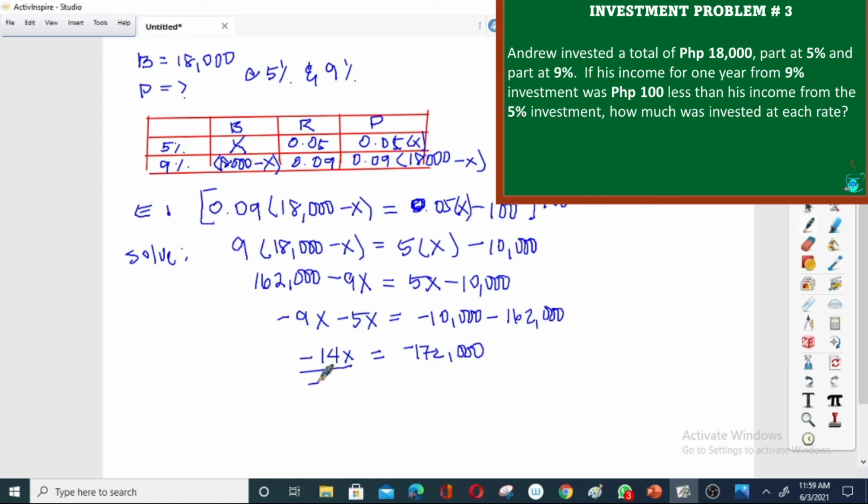Divide both sides by negative 14. Negative divided by negative becomes positive. So the value of x, which is the investment at 5%, is 12,285.71.